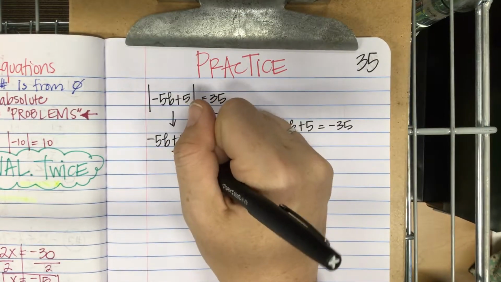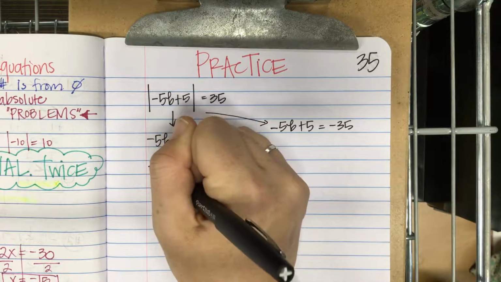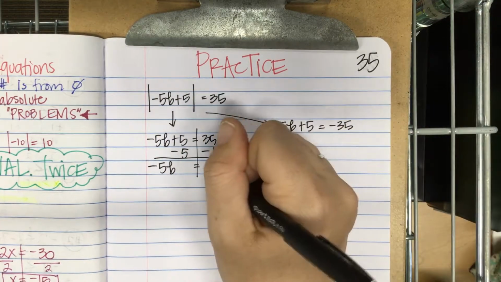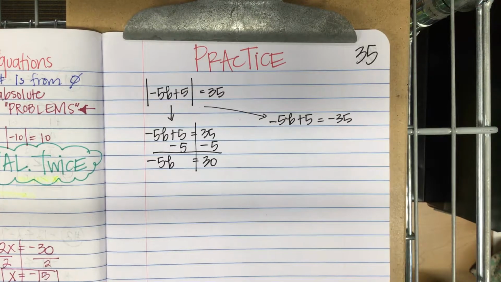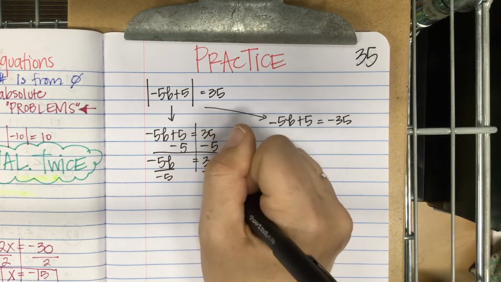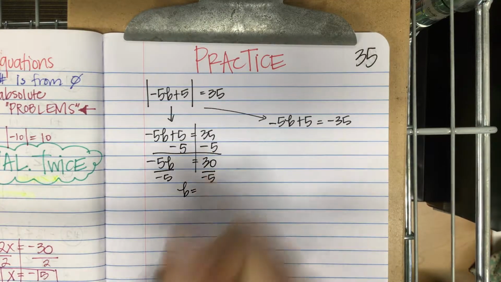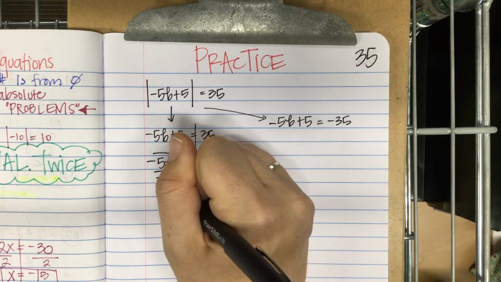Then I subtract 5, and I get negative 5b equals 30. And I divide by negative 5. B equals negative 6. Did I do that right?